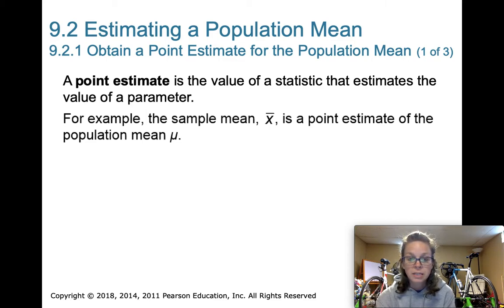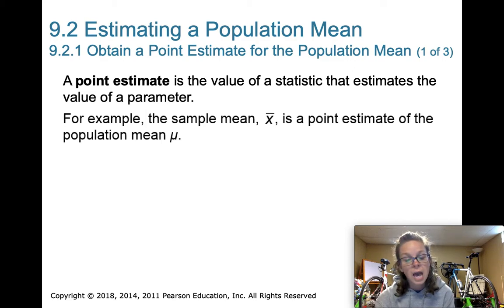Now, in this lesson, we're going to be looking at sample means, which remember from earlier this year, our symbol for that is x-bar. And that is the symbol we use for the sample mean. So that is the mean of all of the data collected in our sample. And we're going to be using that to estimate the population mean.